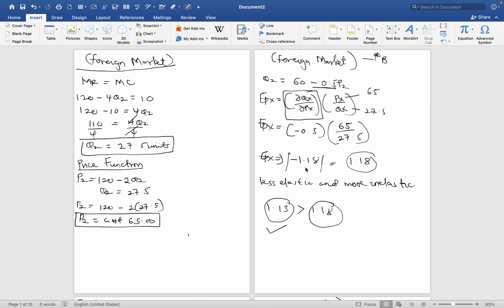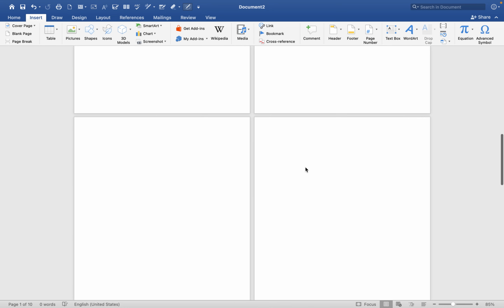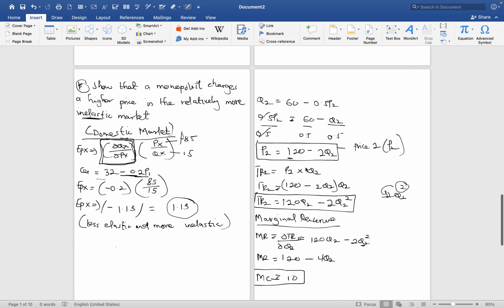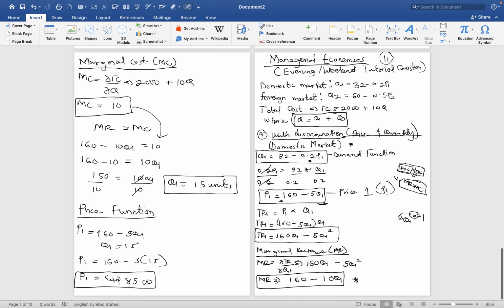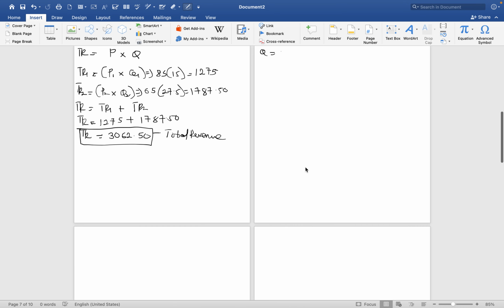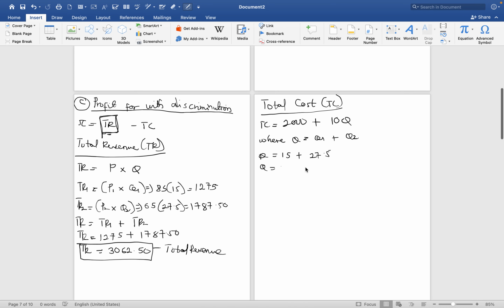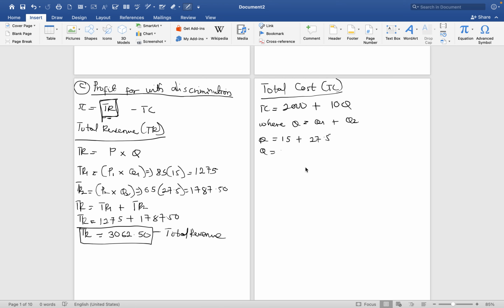This is Q2, 27.5, then we have Q1, 15. So 27.5 plus 15 will give us 42.5. So this is our Q.